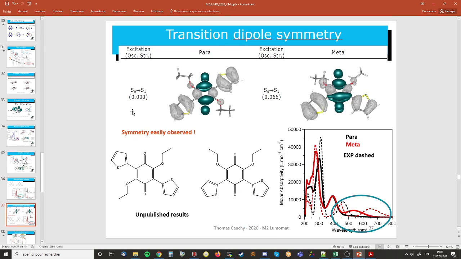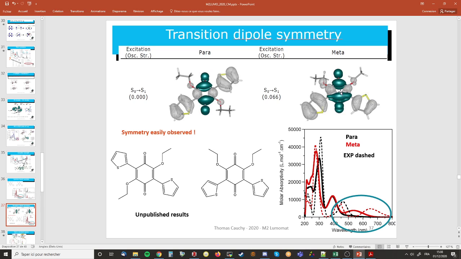So here we can look at the first excited state. In the meta part, there is a small absorption, and this is what we observe here. What we see is that the thiophene loses density, those two double bonds lose density, and you populate the pi star of the CO bonds.